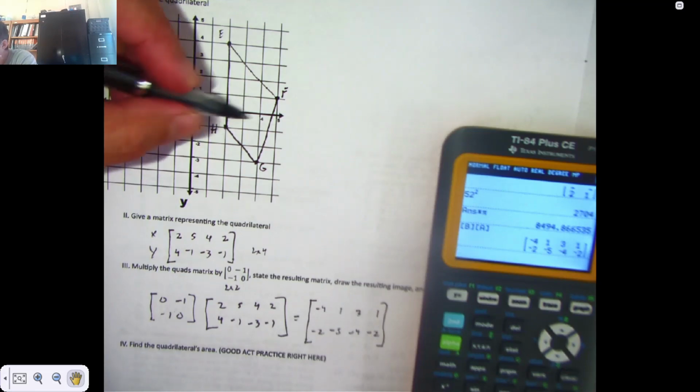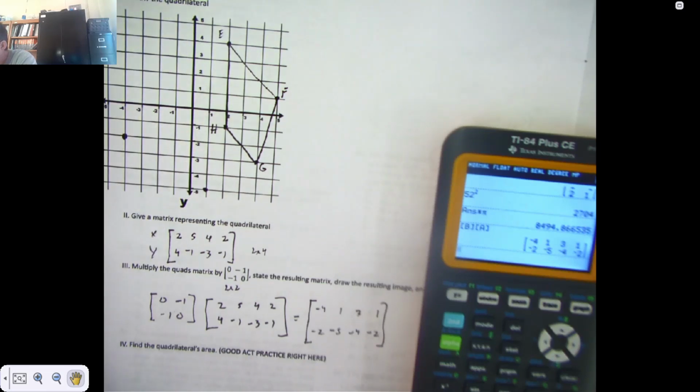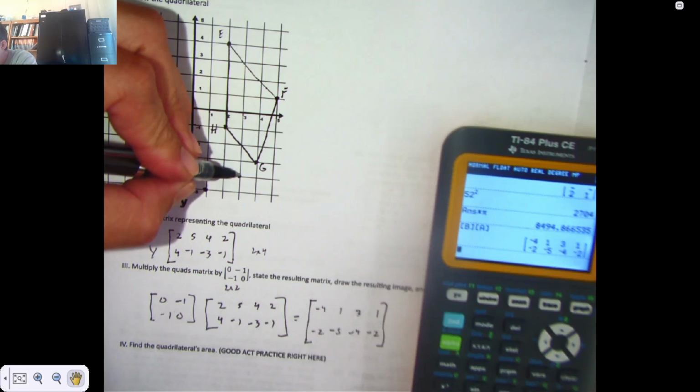We go back 4 and down 2. That's interesting. To the right 1, down 5. To the right 3, down 4. And to the right 1 and down 2.